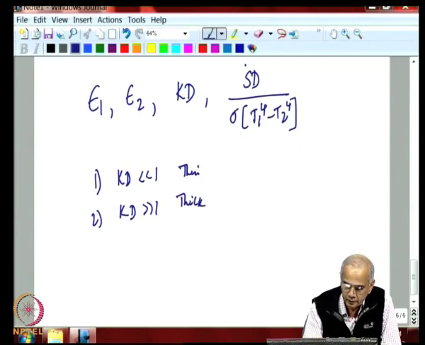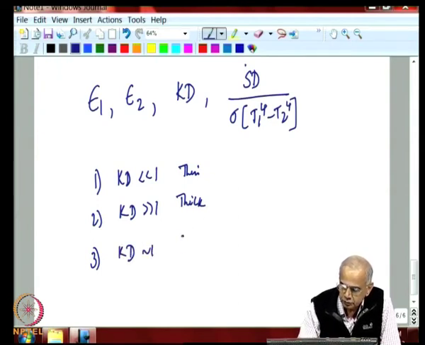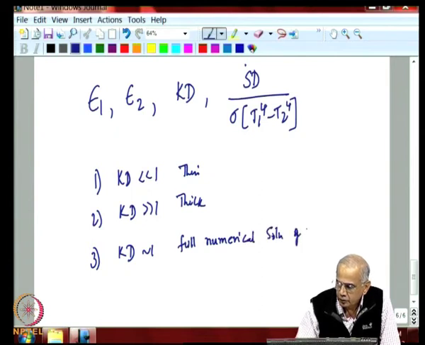And then when you go to the intermediate limit, then you go to the full numerical solution of the integral equation.